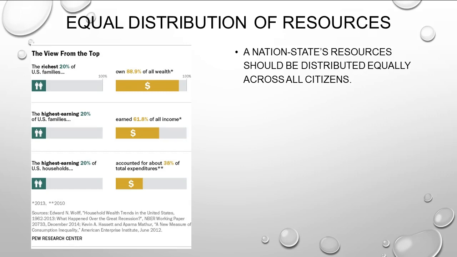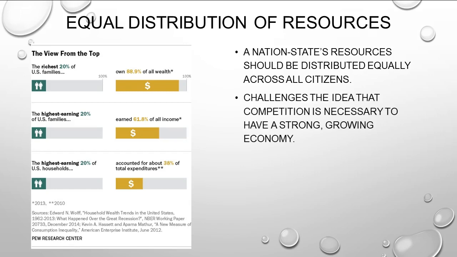This photo on the left, for example, is a chart from the Pew Research Center, from 2013, I believe, looking at income inequality and how some of the richest, highest earning U.S. households and families hold a large portion, actually the majority, of the nation's wealth. People who are interested in equal distribution of resources are interested in these wealth inequalities and what the impacts of those might be.